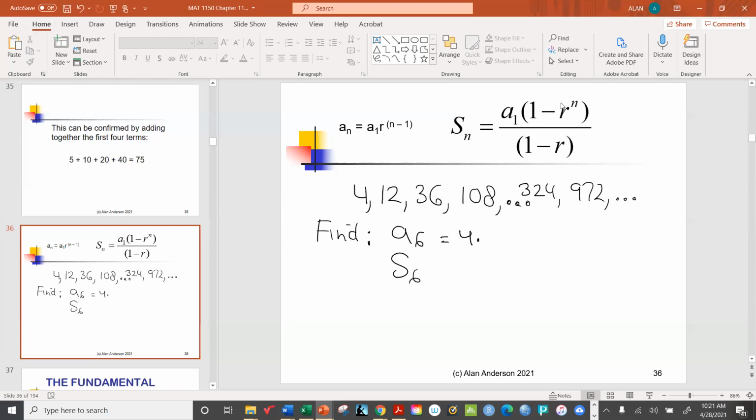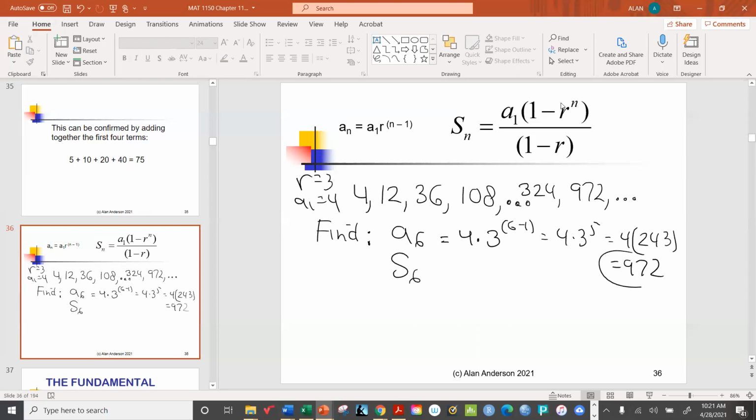The common ratio is 3, of course. 4 times, and A1 is 4, 4 times 3 raised to the 6 minus 1 power. So 3 to the 5th power is 243. And that does in fact give us 972.